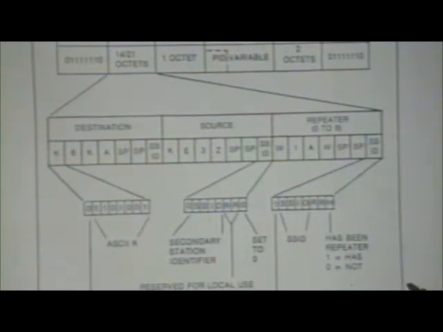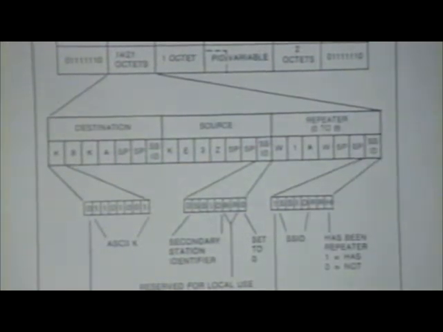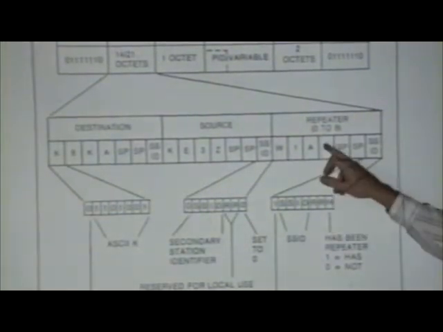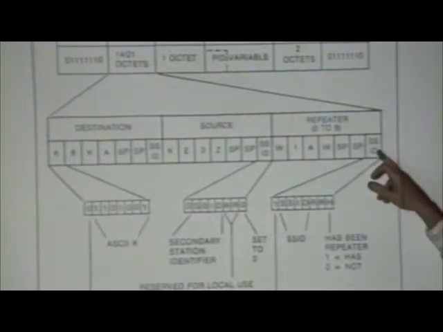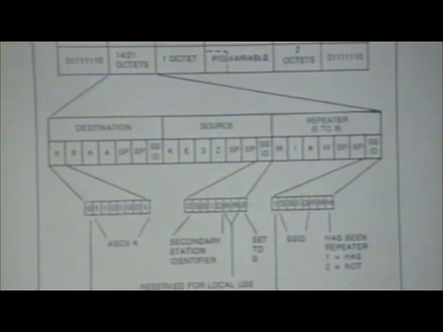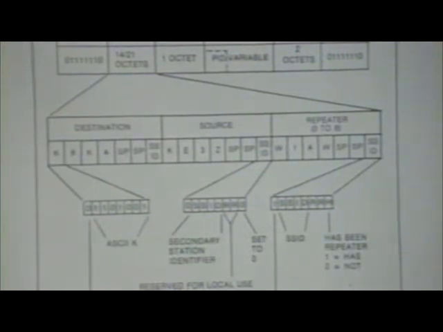The second repeater hears it again and says, oh, I see that the bit is a 1, so that means it's coming from him. My bit is a 0, so I haven't had that one yet. So I pull it in, make that a 1, and send it out. Now the first repeater, he hears it again, because repeaters hear each other, but he sees that that is set to a 1, so he doesn't pull it in, he throws it away. It's a special bit that the repeaters use to determine whether they should repeat it or not.